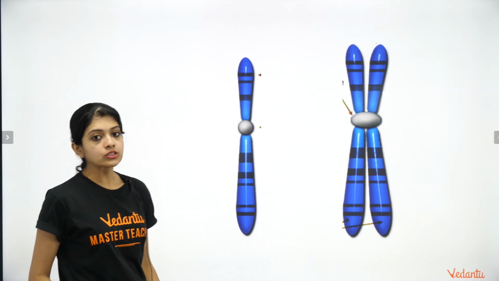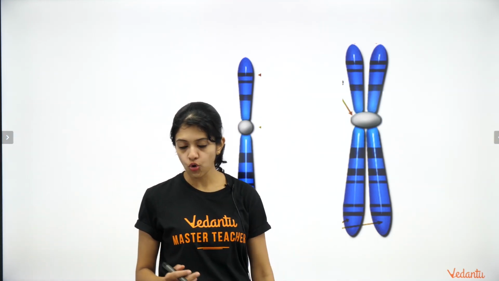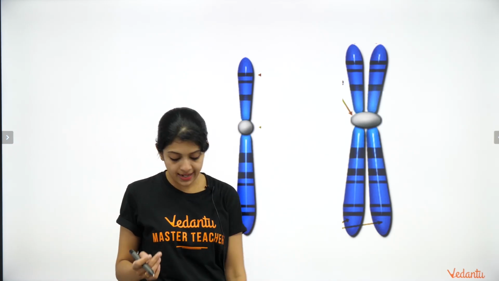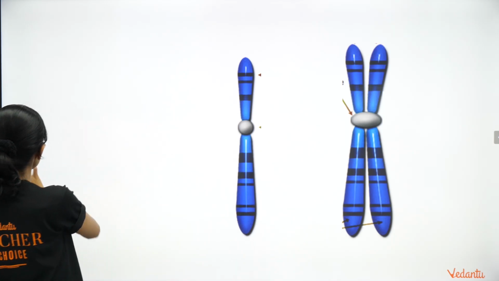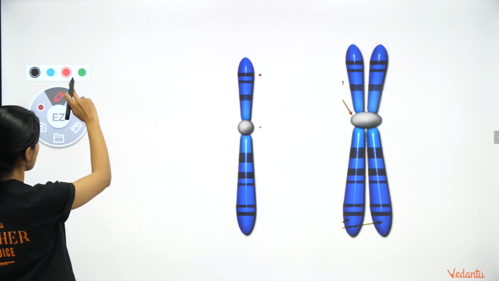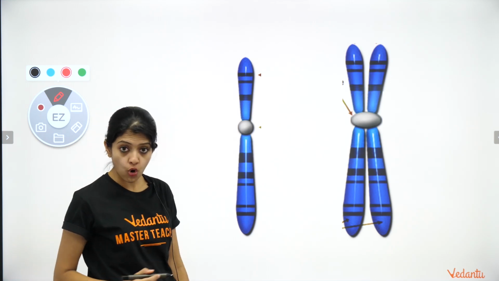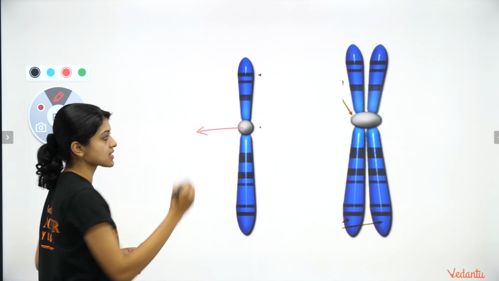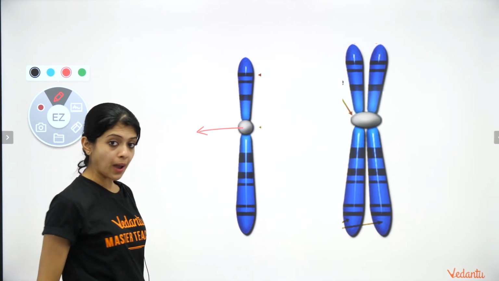Now, coming to the structures that we know, I'm sure you know this, but let's just quickly recap that once again. Now, this structure, the first one that you see here, is what a typical chromosome would look like. What is this structure called? Would you happen to remember?